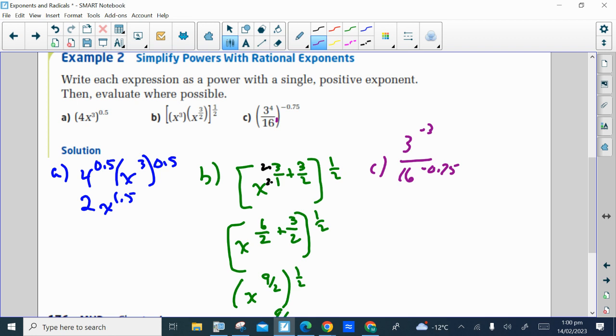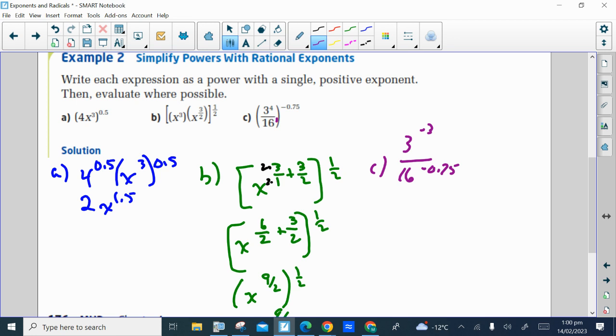We're not subtracting the exponents because the bases are not the same. 16 cannot be expressed with a base of 3. 3 squared is 9, 3 cubed is 27.